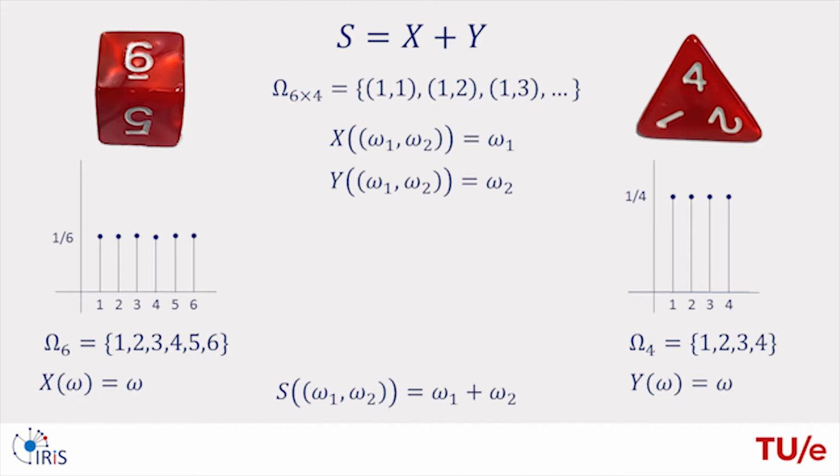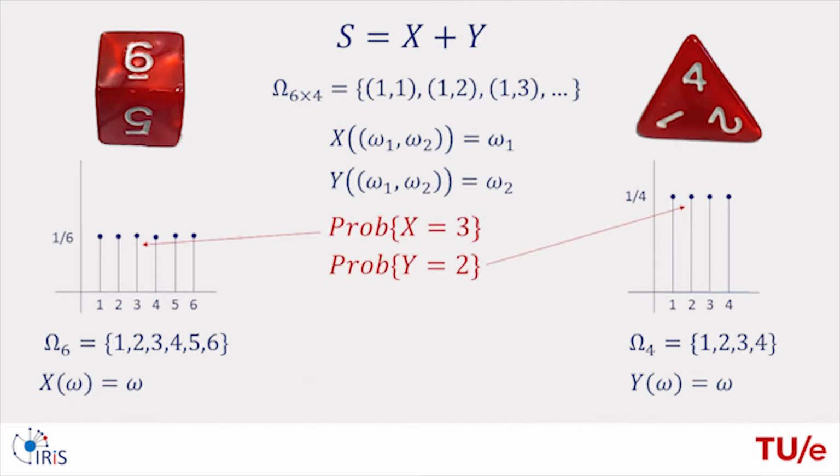And the stochastic variable x now is a function from this tuple to its first element. And the stochastic variable y is a function from this tuple to the second element. But when we write probability of x equals 3, you don't see the difference between rolling a single die x or rolling two dice and just looking at the die x.